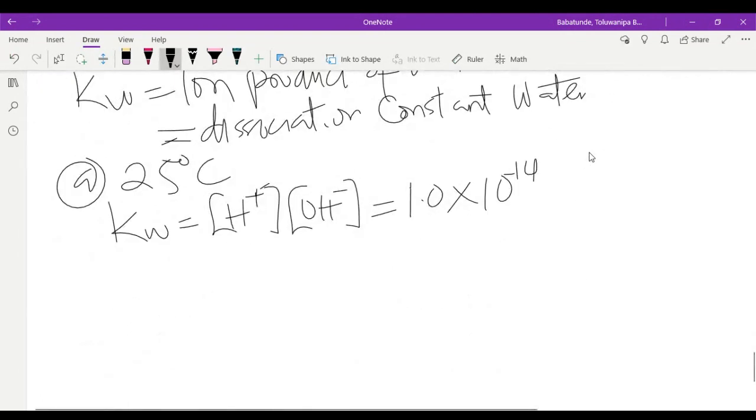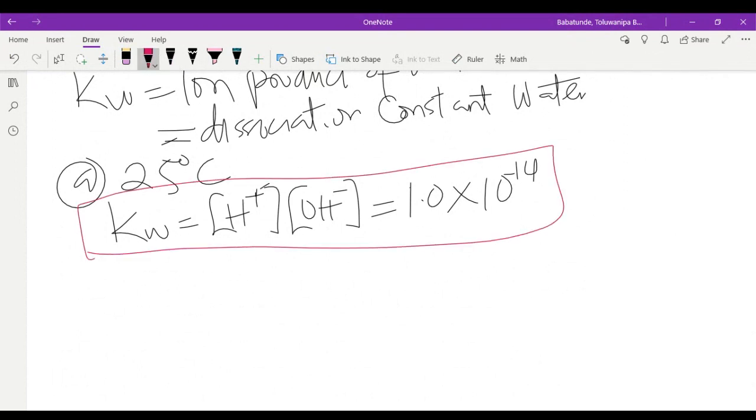So we have the dissociation constant for water to be that.